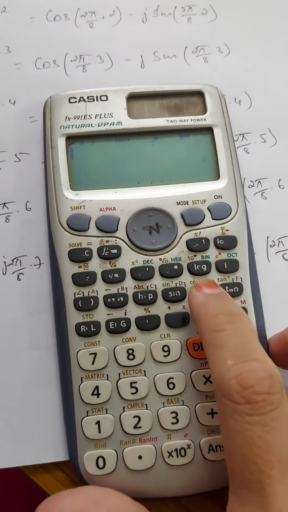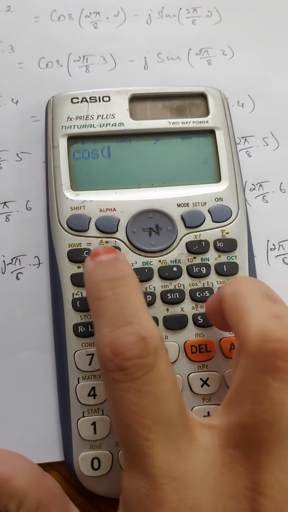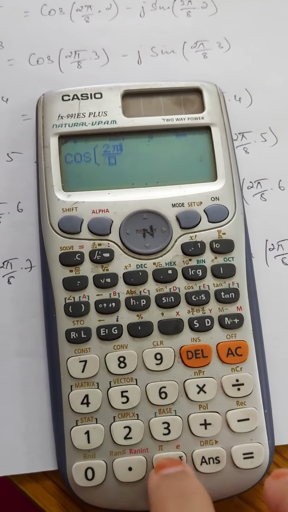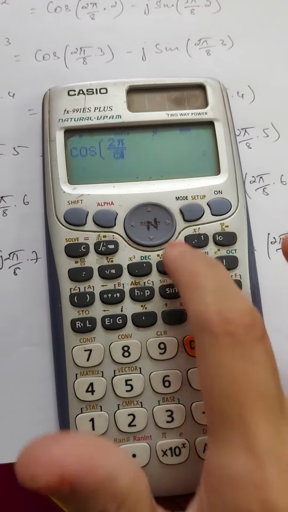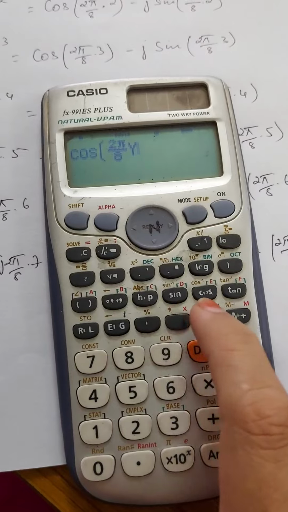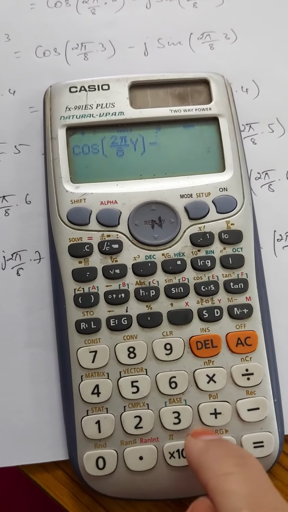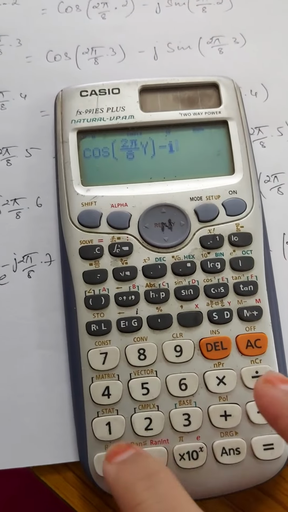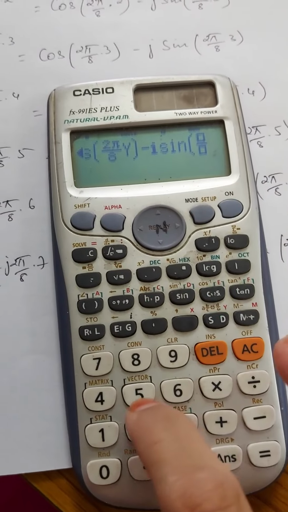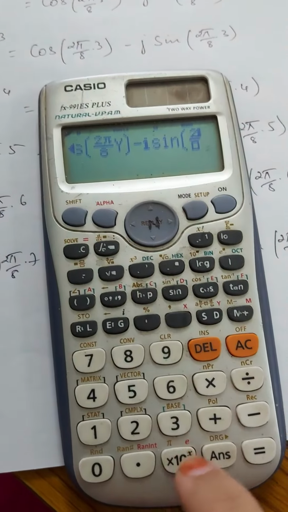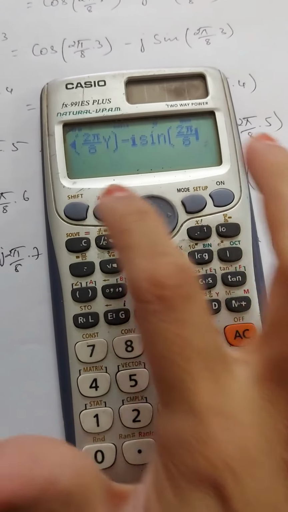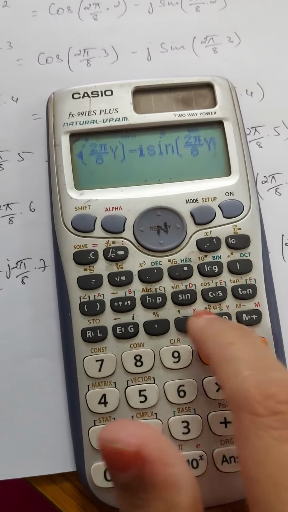I will write cos 2 shift pi divided by 8, I'll take it as alpha y, minus shift imaginary sin 2 shift pi divided by 8 alpha y, close the bracket.